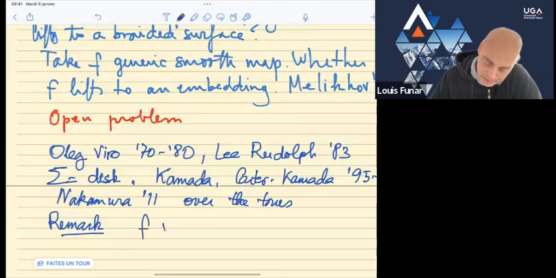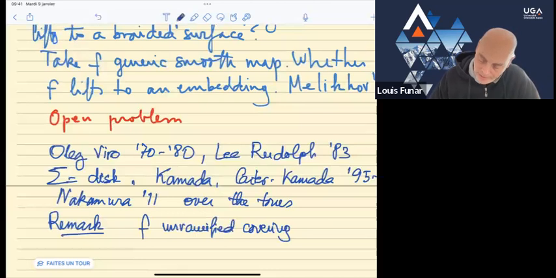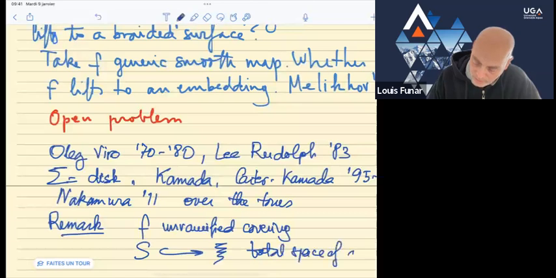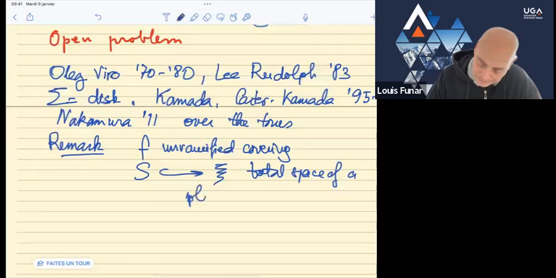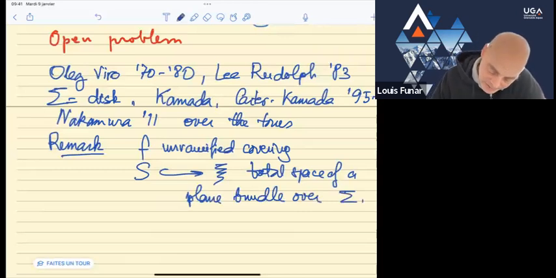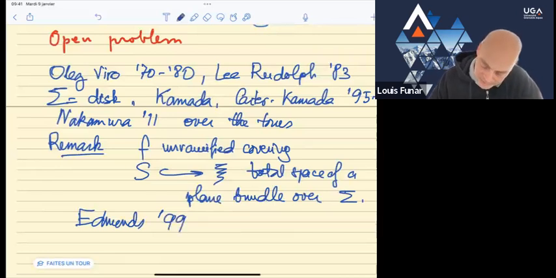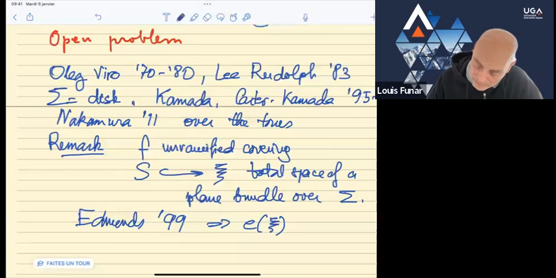If F was an unramified covering, and we want the surface as the lifting not inside sigma cross R2, but into the total space of a fiber bundle, a plane bundle over sigma, then it was an observation of Edmonds, I guess around '99, saying that if such a non-trivial example exists, then the Euler class of the plane bundle should be torsion.